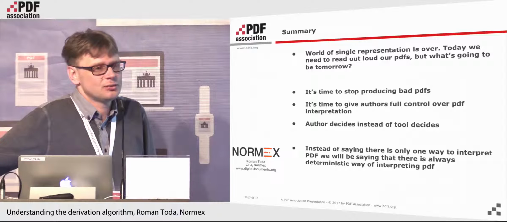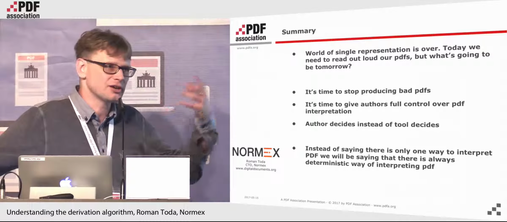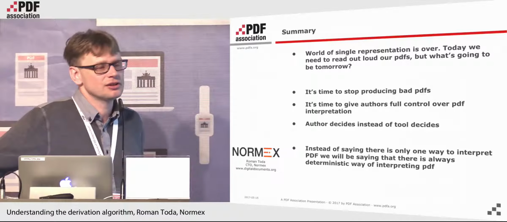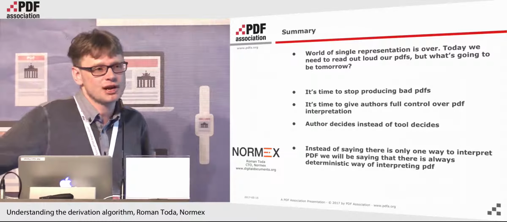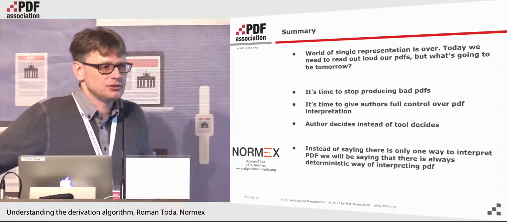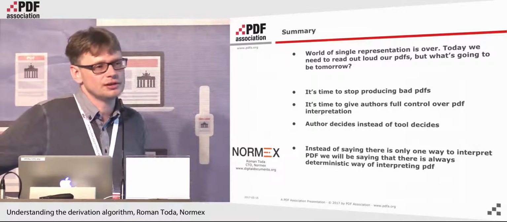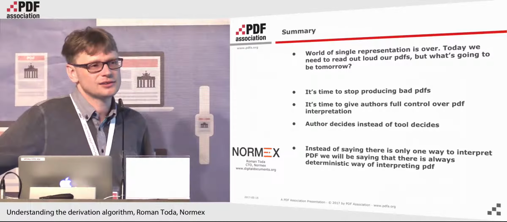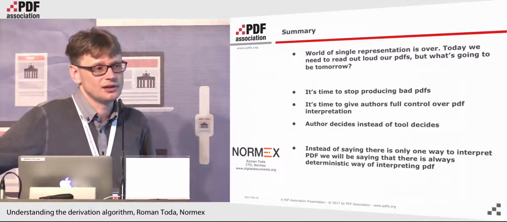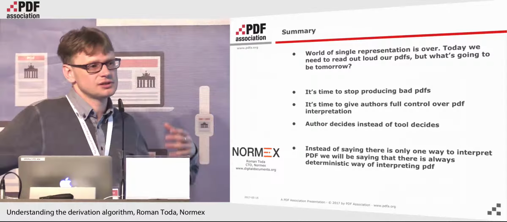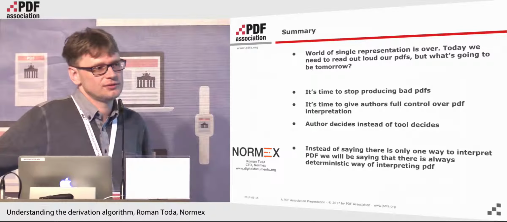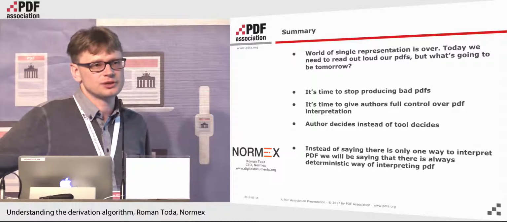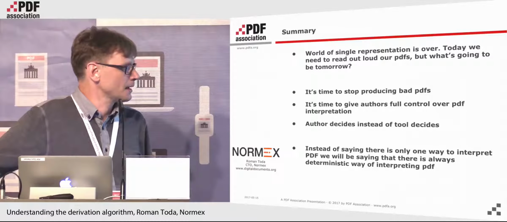Right now we have so many tools that make decisions based on their own logic. They use heuristics when you do a selection and extract content. Those tools are making their own decisions, and that goes against the author's will, we believe. These provisions, these ideas, will give the full control over this process to the author again.